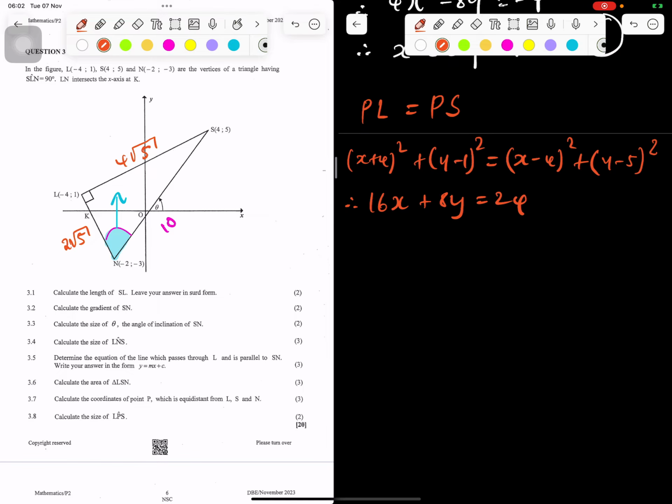You can divide both sides by 8, because 8 goes into each term. So this will be y plus 2x equals 3. Okay, and this gives us the second equation.